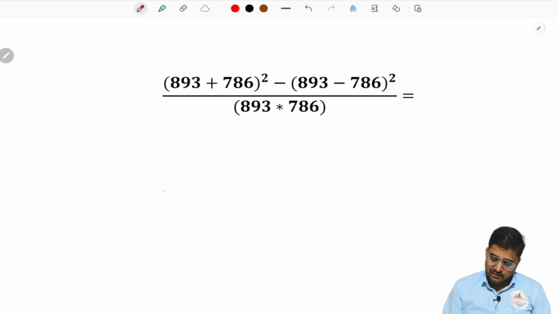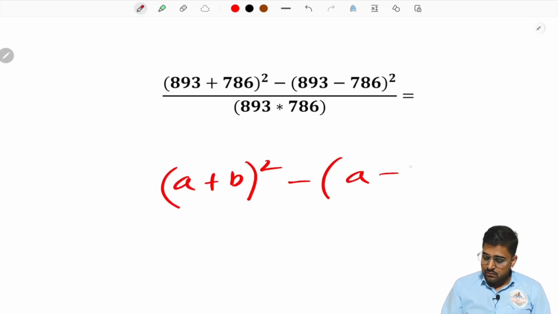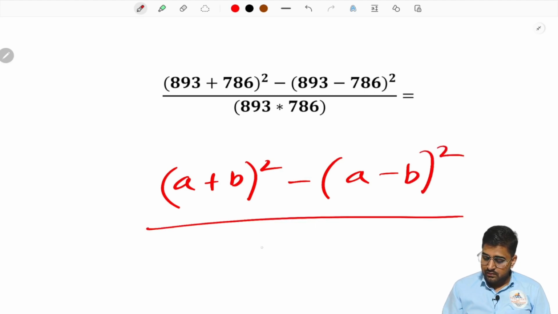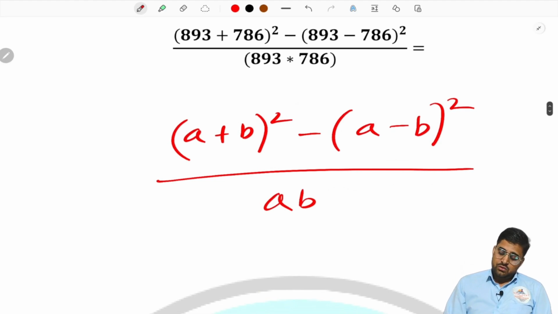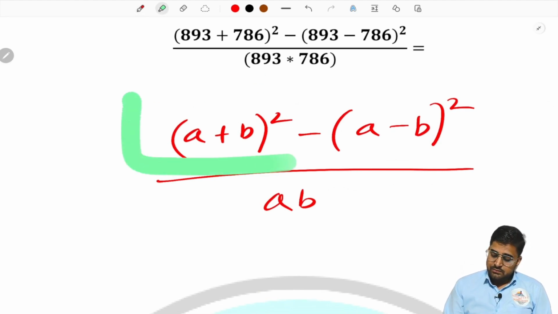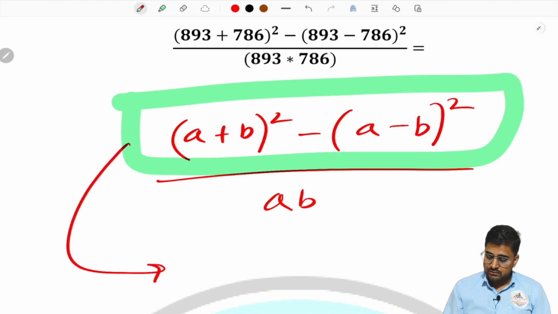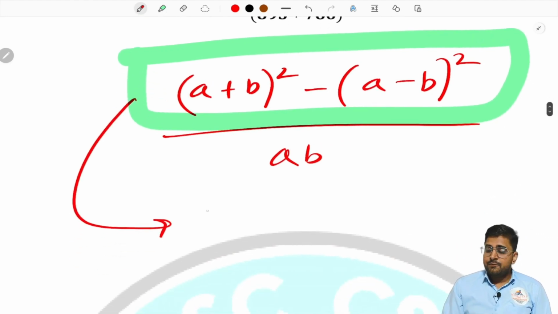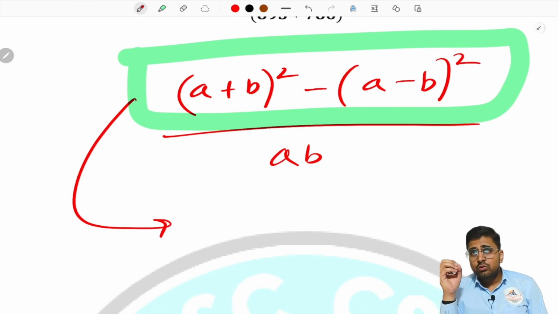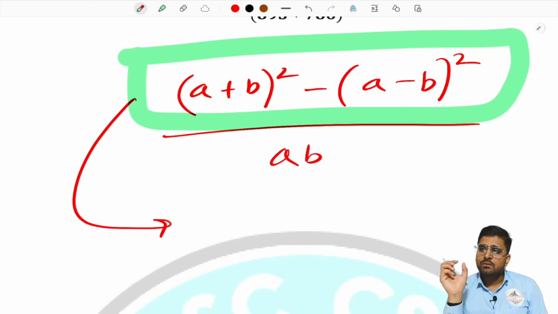Basically it's asking a plus b's whole square, minus a minus b's whole square, and below it a into b. So the important thing is this part. If we take the whole square of the positive and subtract from it the whole square of the negative, we will always have 4ab.